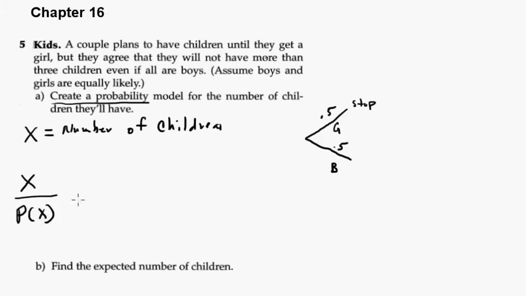So if they have a girl, they're going to be a family with 1 kid. So a probability model, nothing fancy here. All it is is a list of the outcomes. So the outcome here would be 1, right? They're going to have 1 kid. So 1, but the probability of getting that is 0.5. Now if they have a boy, they're going to have another kid, and so they might get a girl.